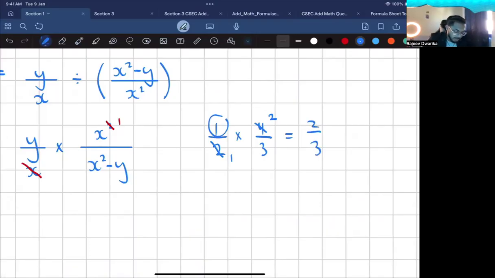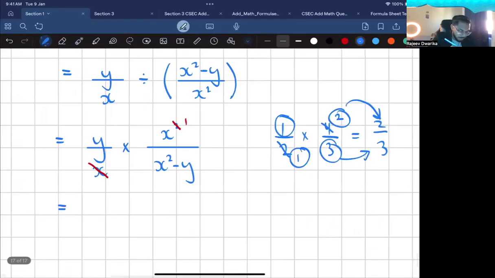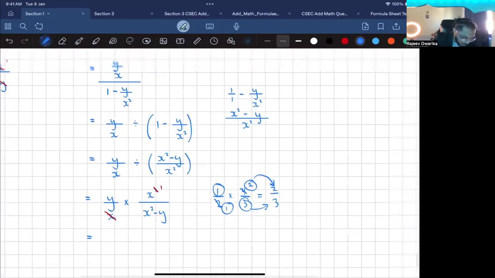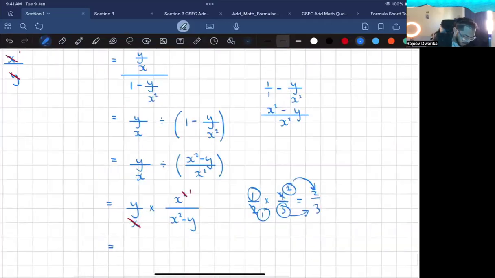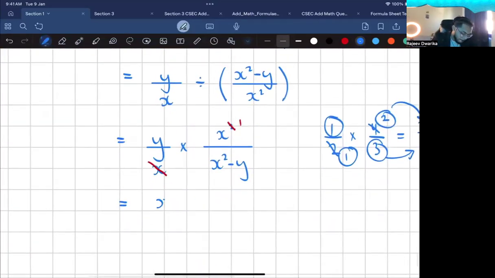So you go this by this, and this by that. Y over x squared minus y. Remember, it's xy. They want it as xy. So I'm going to write xy over x squared minus y.